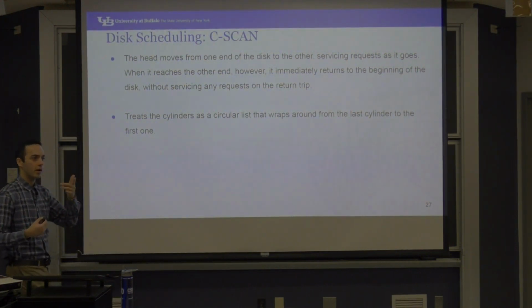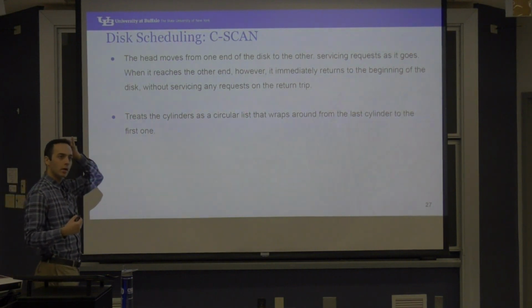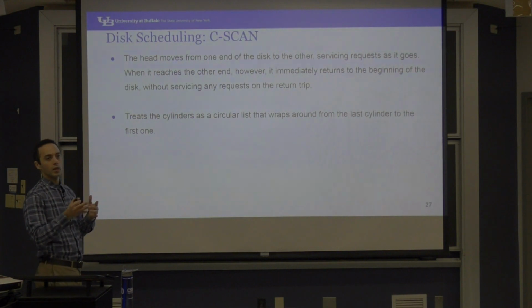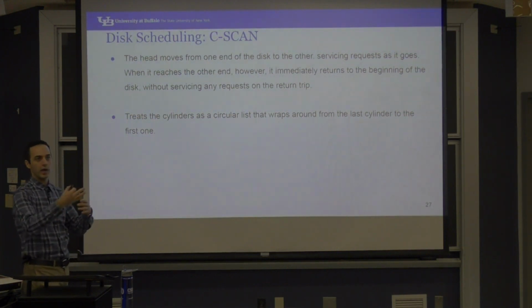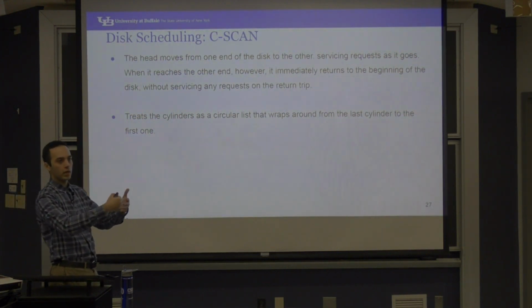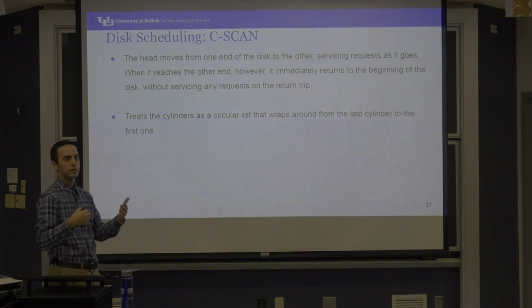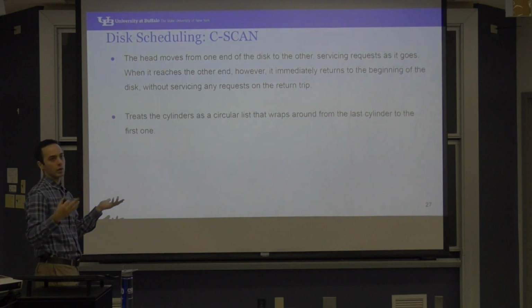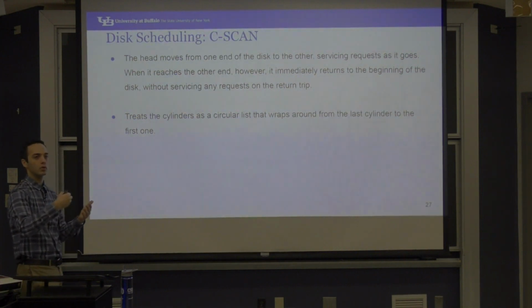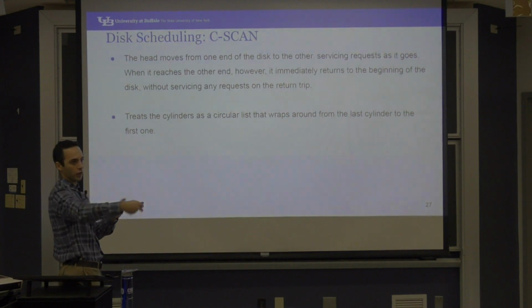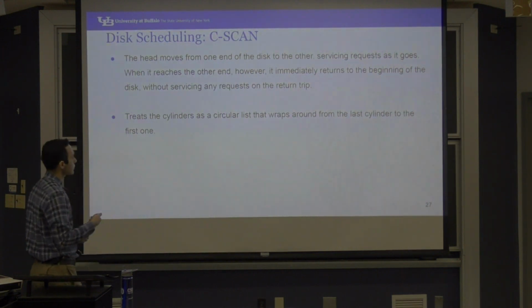So this kind of helps the problem that scan had, which was treating different tracks differently. If they're in the middle, they have some leverage over the ones on the outer or inner tracks. The C-scan doesn't care about which track or location you are. You will always have the same latency relatively, each time. Okay?